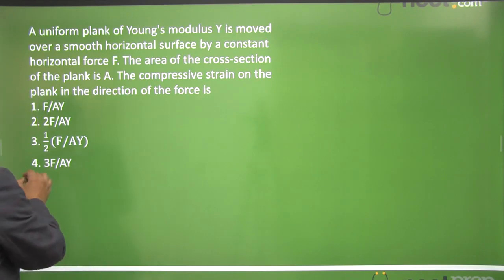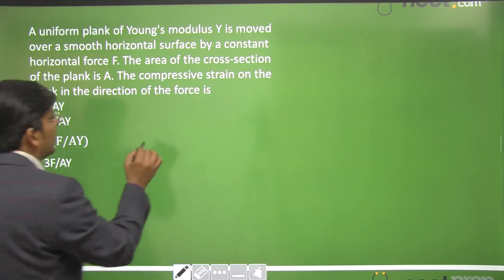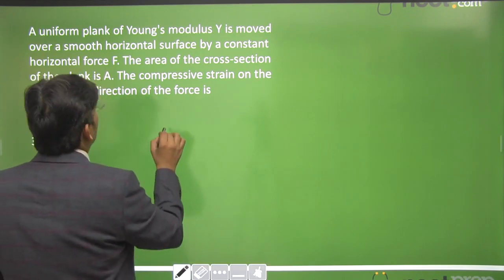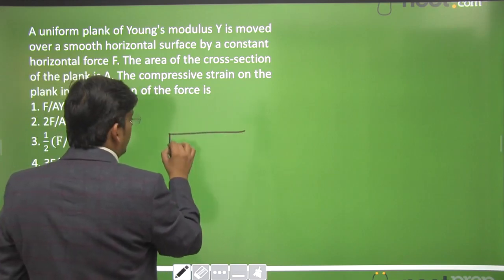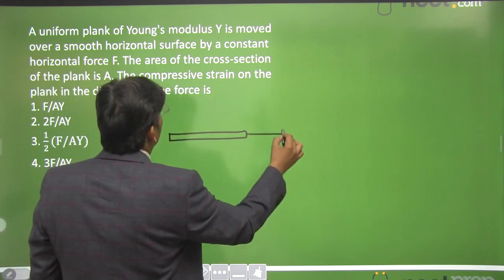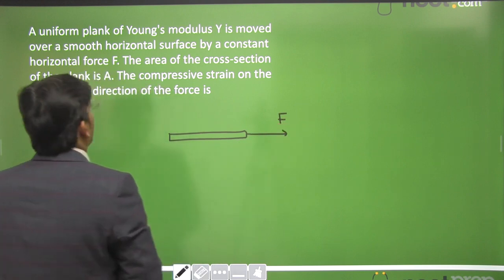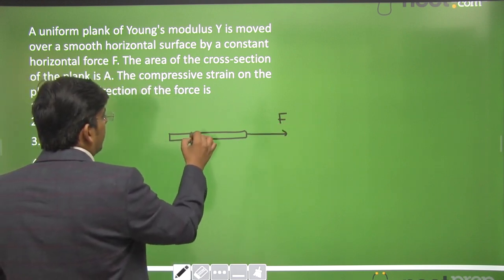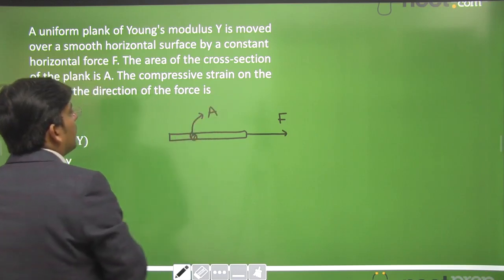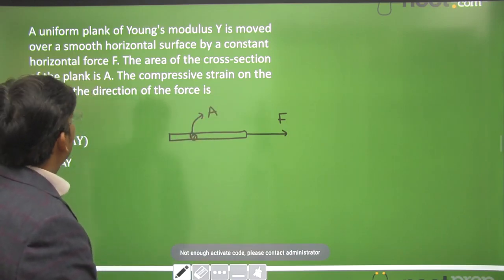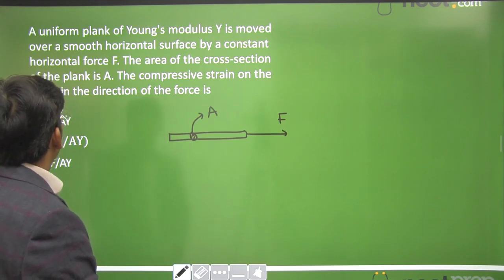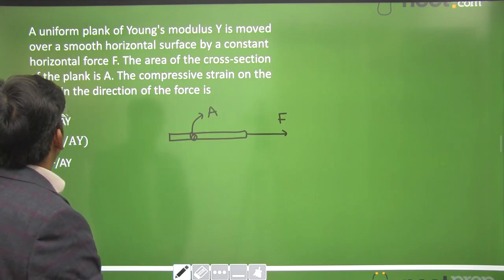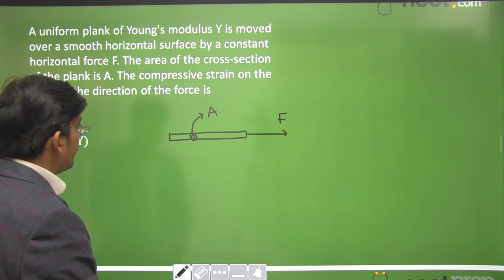A uniform plank of Young's modulus Y is moved over a smooth horizontal surface by a constant force F. Area of cross section is A. Now you are asked to calculate the strain.